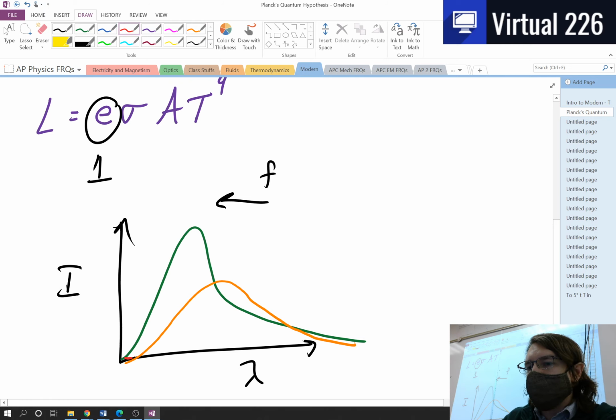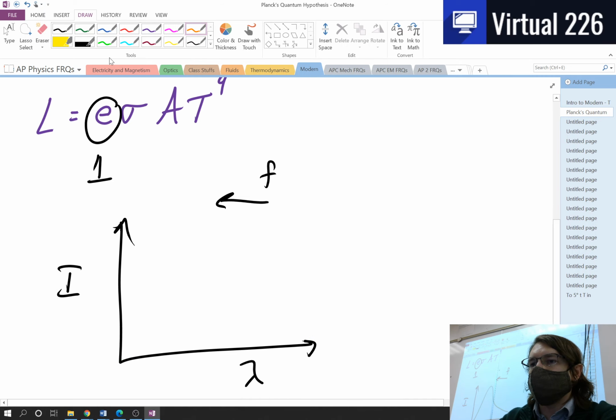And as we get even more red, these colors peak further and further to the right. And I kind of drew that orange one a little bit wrong. Let me redraw that. It's really the green one that messed it all up. Sometimes drawing is difficult.